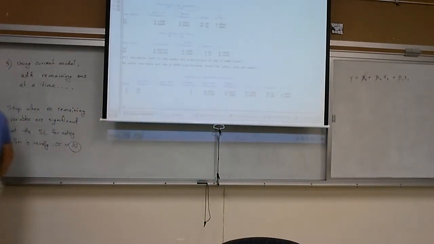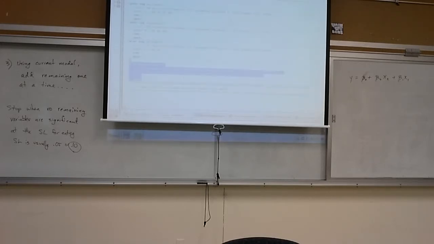Now let's run it with all 11. And we'll just do the stepwise one. If you have software that will run the stepwise procedure, it's almost always the one that is preferred. That's the one that people would choose.